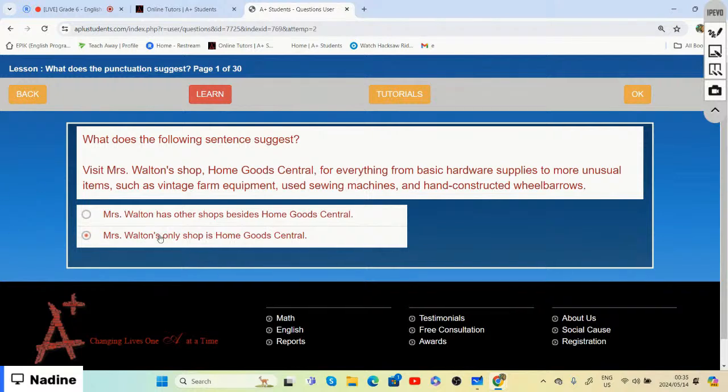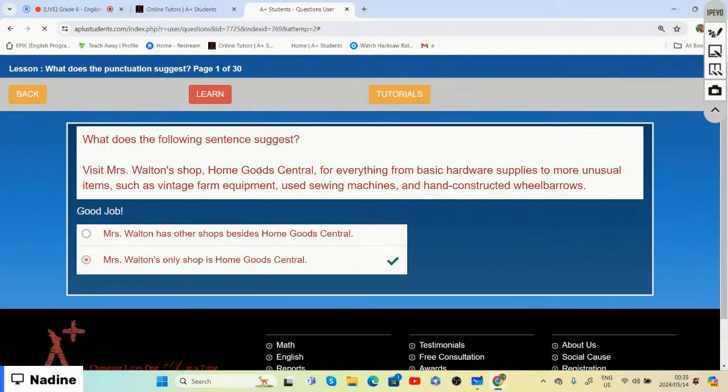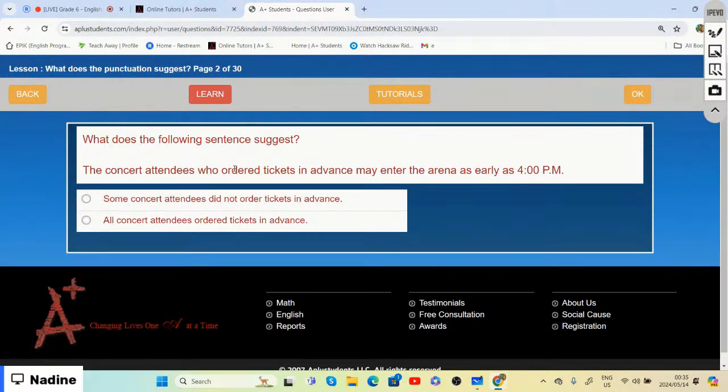Let's quickly go to this one, right? Which means that this comma that specifically states Home Goods Central shows that Mrs. Walton only has that one shop, right? What shop is Mrs. Walton's shop? The Home Goods Central shop. Let's quickly do the next one.